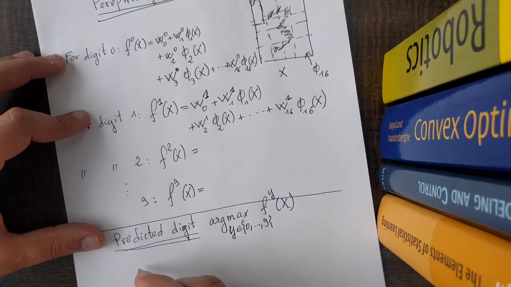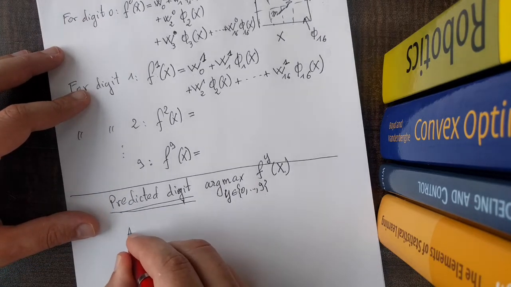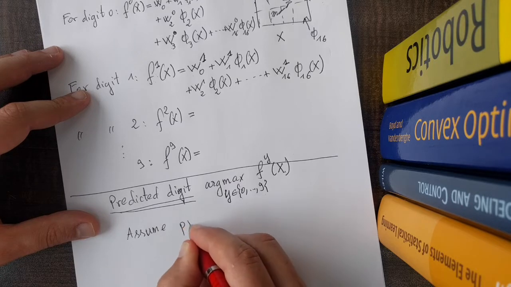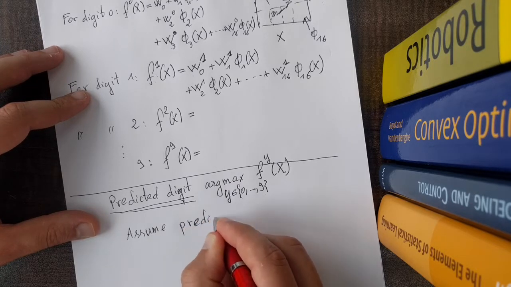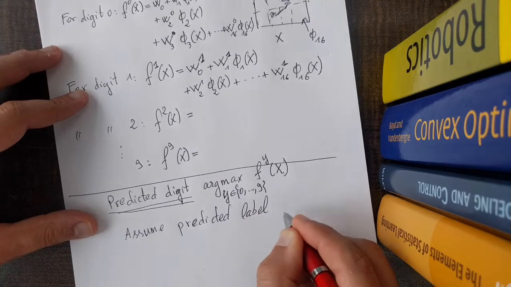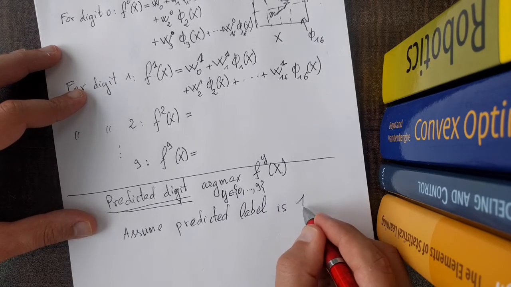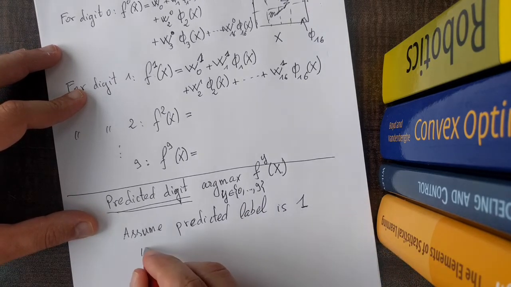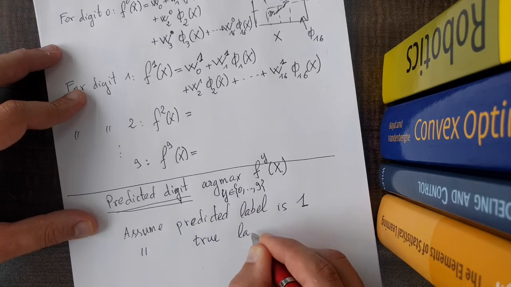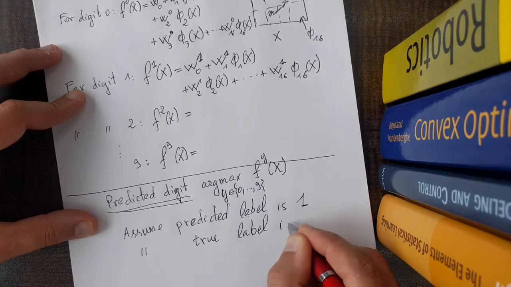So let's assume that the predicted label is 1 and the true label is 3.